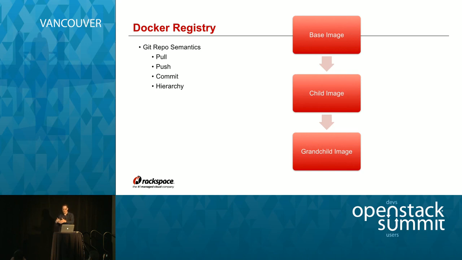When you're done with the commit, you do a push in order to put it back up into the registry. All those same commands work with Docker. So if you understand Git, the Docker registry is just like a Git repo, but the things that you're putting in it are these binary container images instead. So all of you totally understand this already.